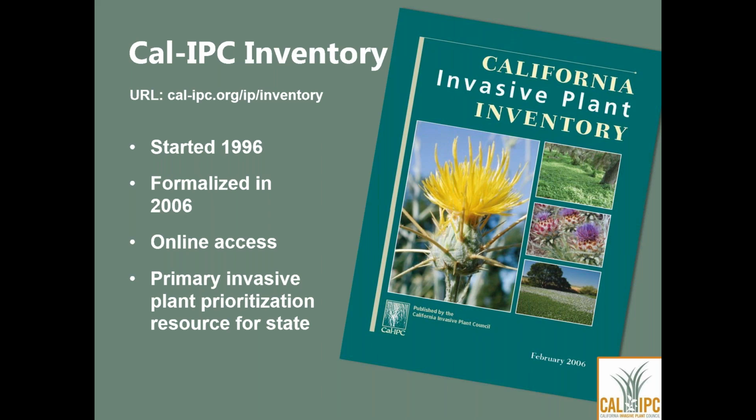Around 2006, we published our inventory formally for the first time. Since then, we've provided online access, and it's now used statewide by both agencies and local land managers as the primary plant prioritization resource for their management work. So we're really happy to see that.